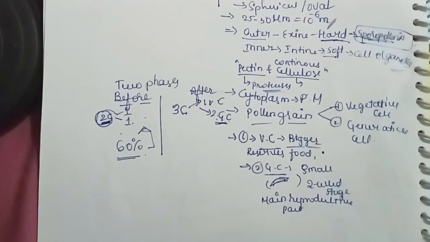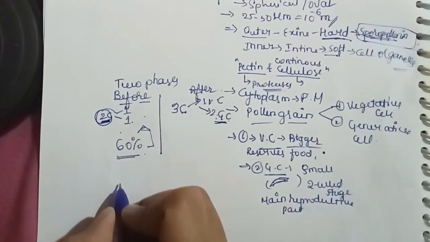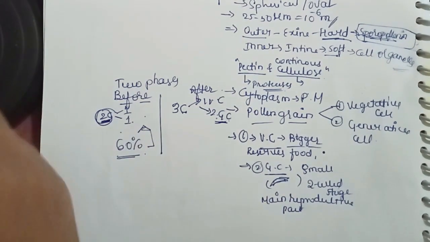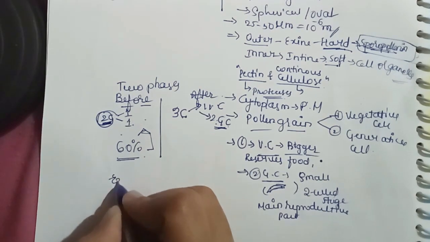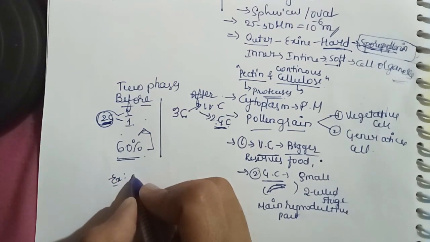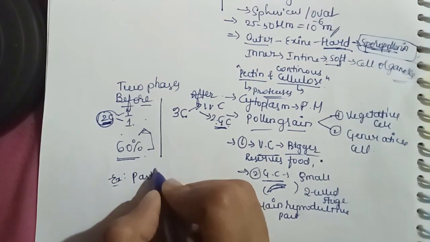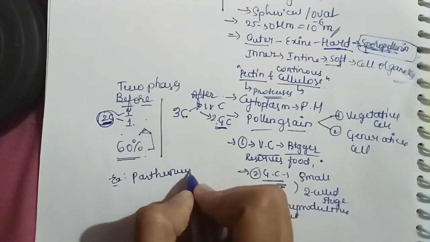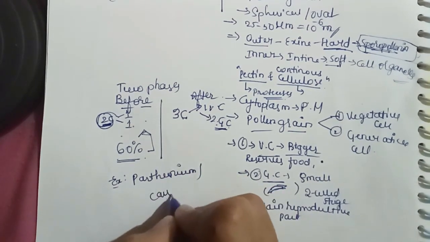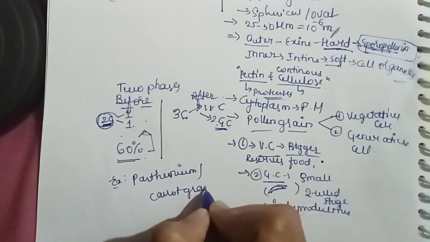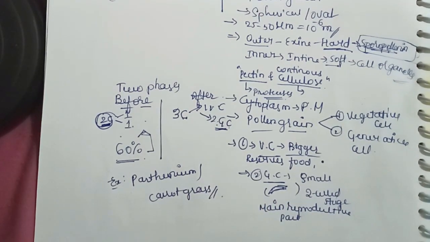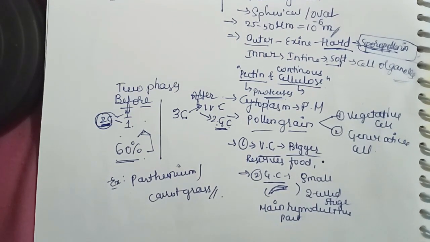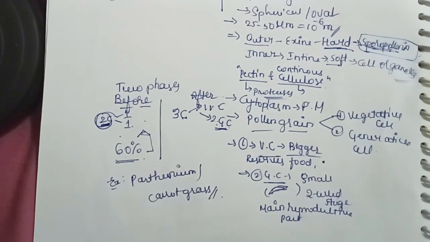And when we look at the uses of pollen grains, pollen grains can cause severe allergies. For example, parthenium or carrot grass. They are not native, but they have been introduced from other countries. They cause asthma, bronchitis, or other allergic reactions.